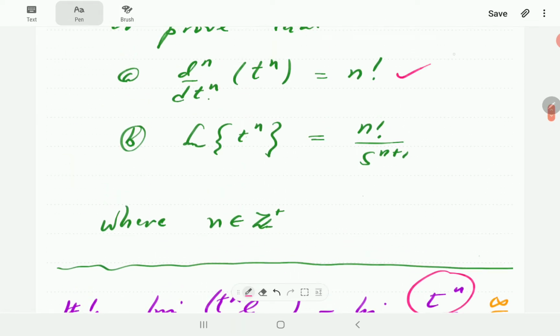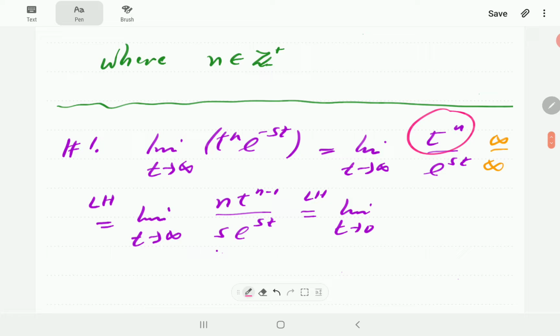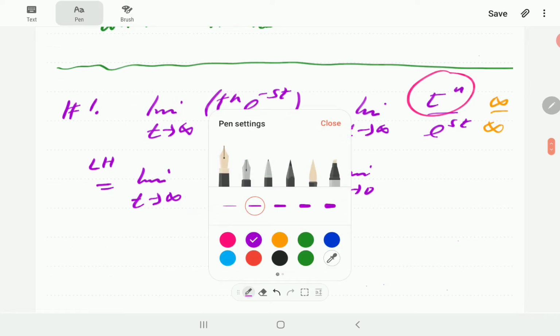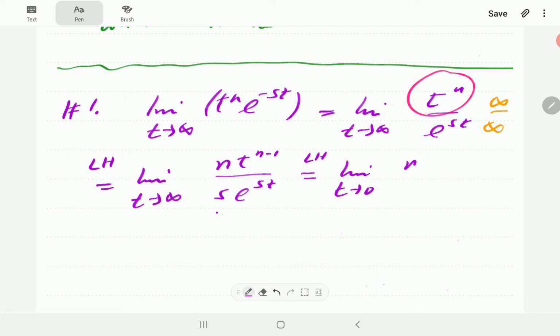And actually, we are going to establish this result in number 2 here. So as you can see, these are related. So if we do this n times, the numerator is going to be n factorial. The denominator is going to be s to the power n e to the power st.